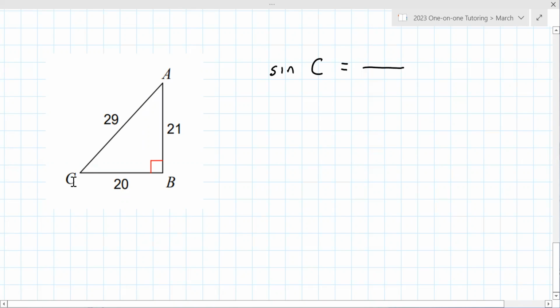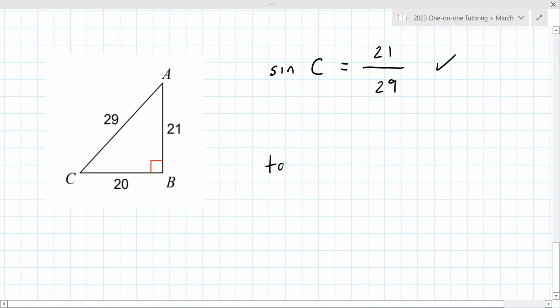So sine would be opposite over hypotenuse. If it's C, the opposite is 21, so it would be 21 over 29. Very good, excellent.